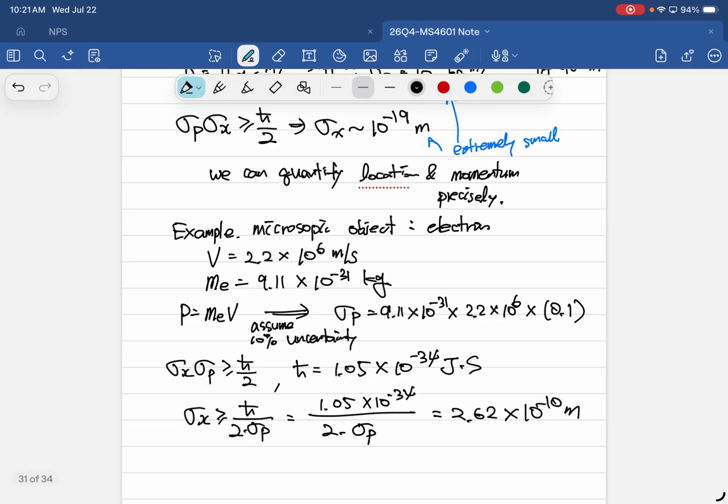This is now 2.62 angstrom, right? So if we consider this uncertainty of velocity or momentum, what is the standard deviation or uncertainty of the position? That is 2.62 angstrom. So in terms of atom size, when you compare that to atom size, this is actually an appreciable number, right?